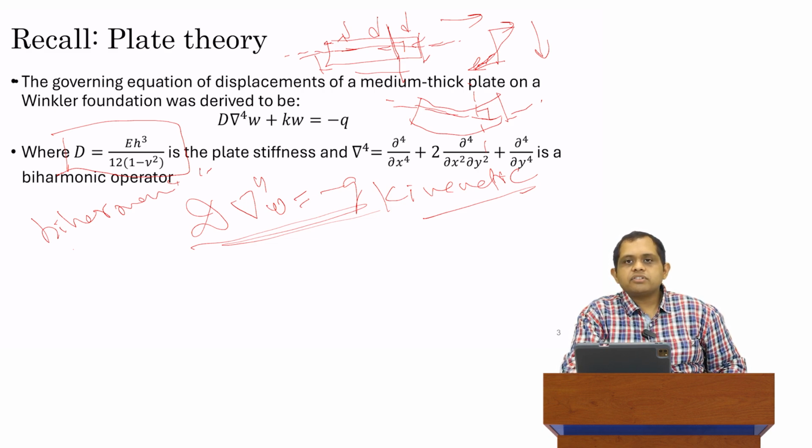But this plate stiffness contains complete information, of course, about the elastic properties, E and nu. It also contains complete information about how the plate is behaving through the thickness.